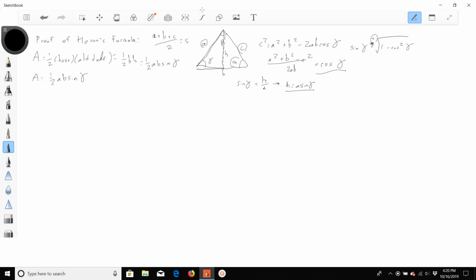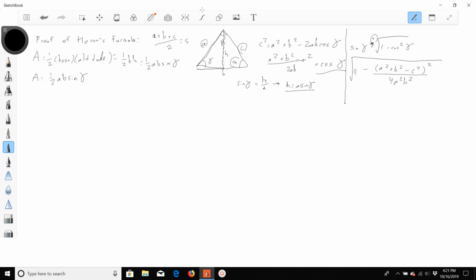Now, I'm going to write this over here. We get sine gamma is the square root of 1 minus ((a squared plus b squared minus c squared) squared) all over 4a squared b squared.